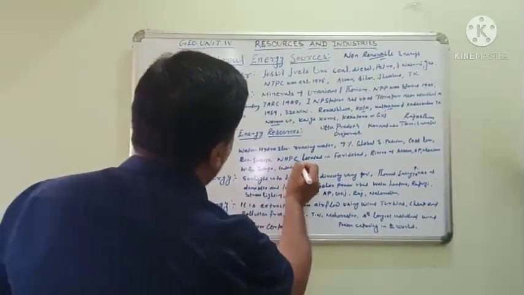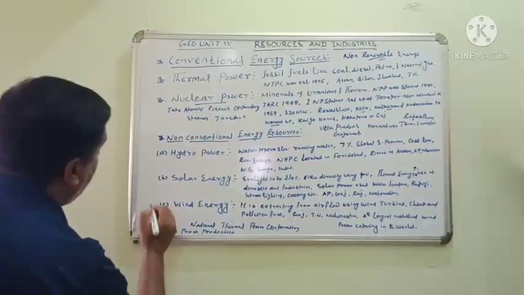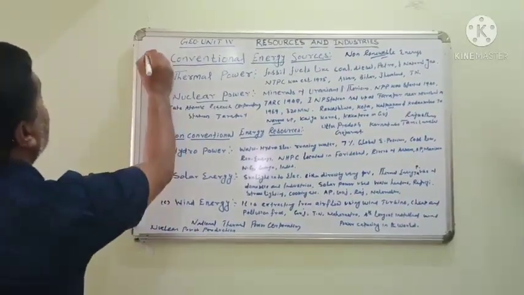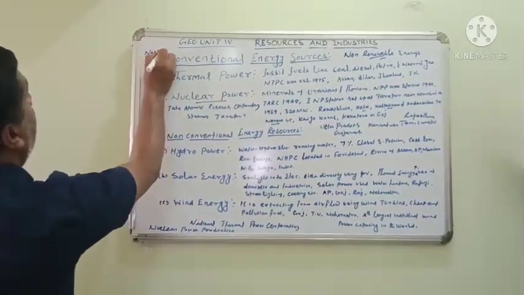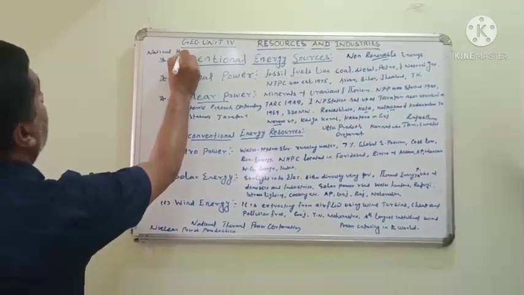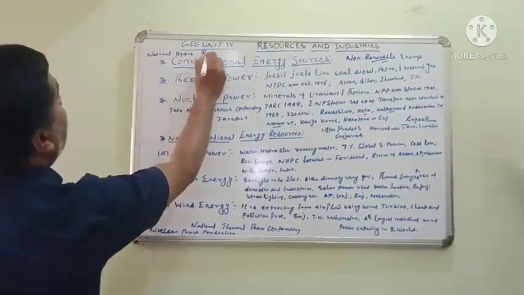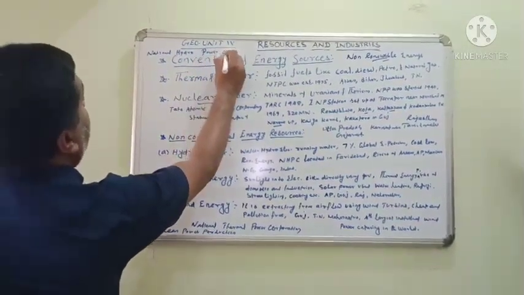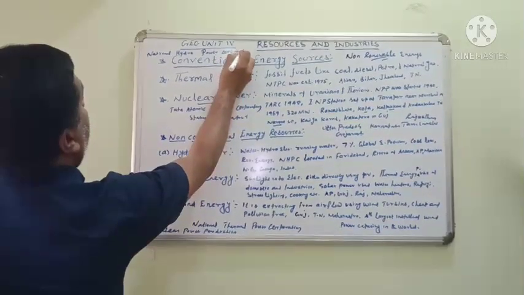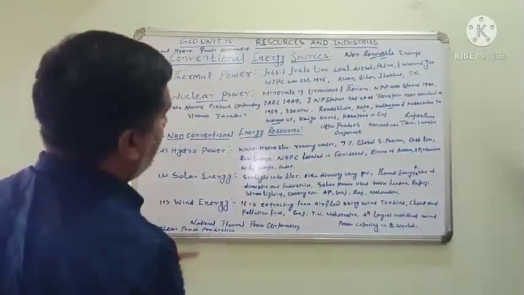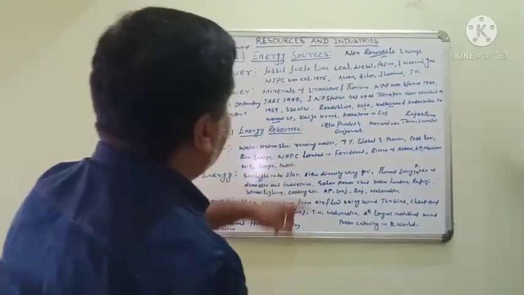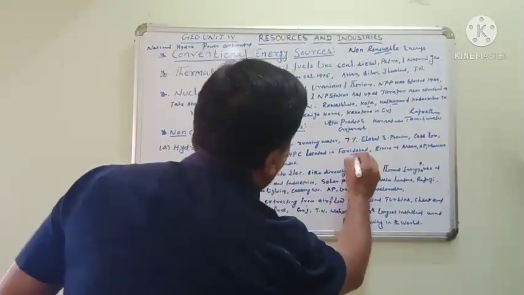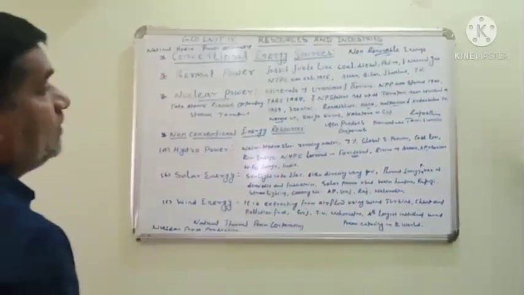The National Hydropower Corporation is located in Faridabad in our country.